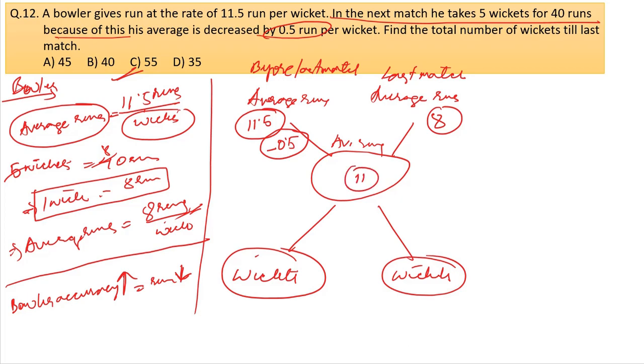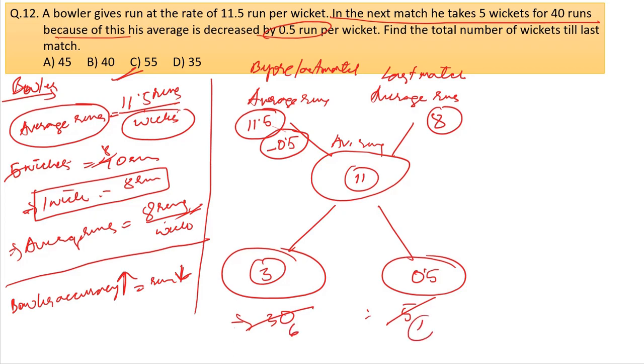Now let us take the difference. We have 0.5 here, and for wickets we have 11 minus 8 is 3. Now 30 is to 5, that is 6 times 5 is 30.